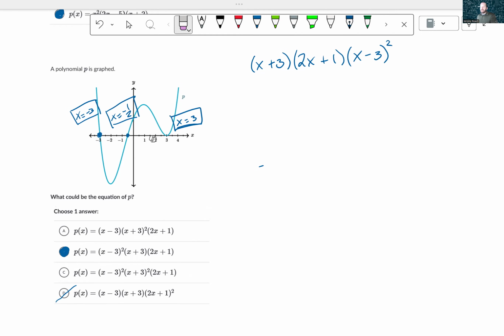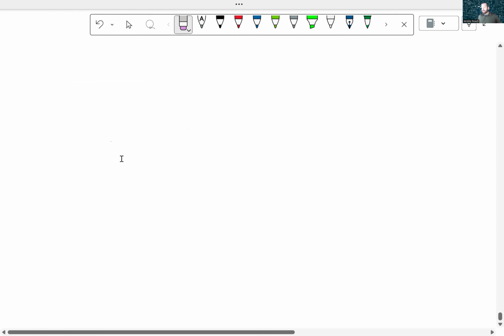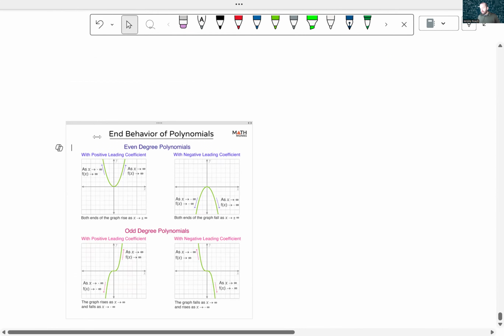There's actually a chart of end behaviors that I think is really helpful, where you can compare the end behaviors of functions. And I'm just going to copy a chart that I see that we can sort of work with here.